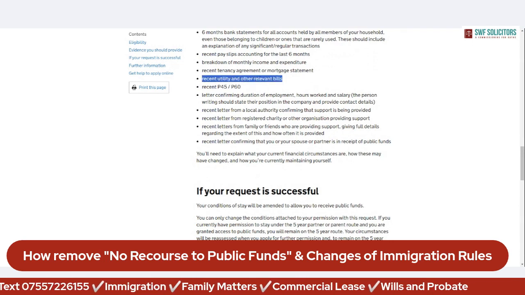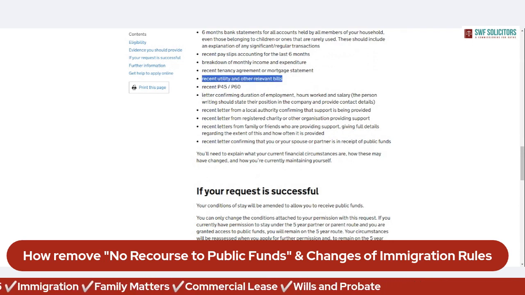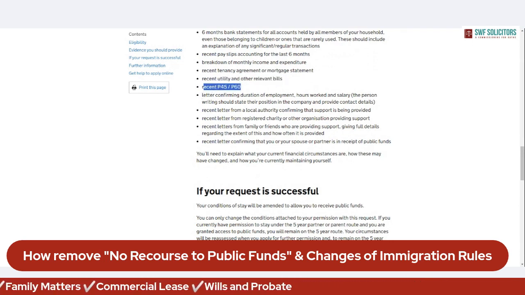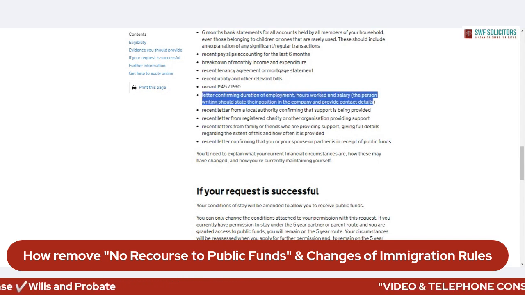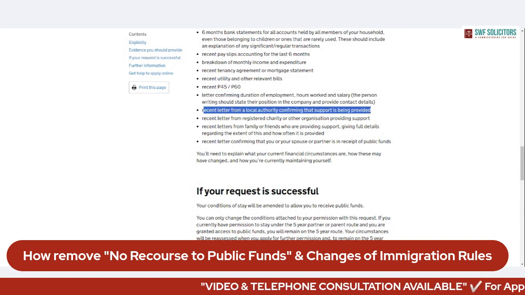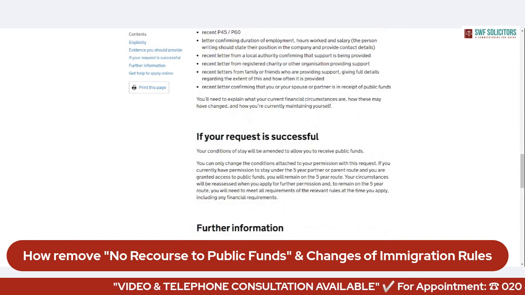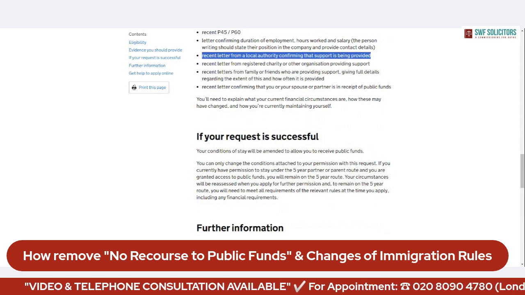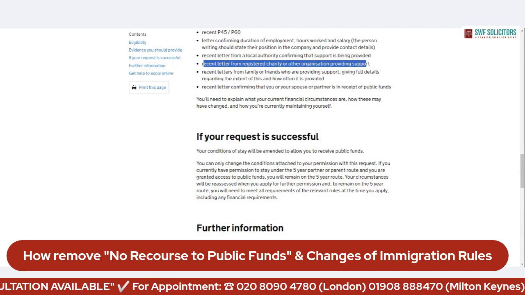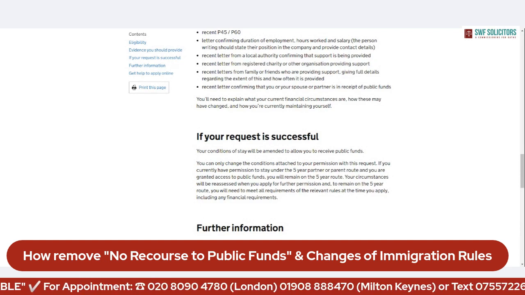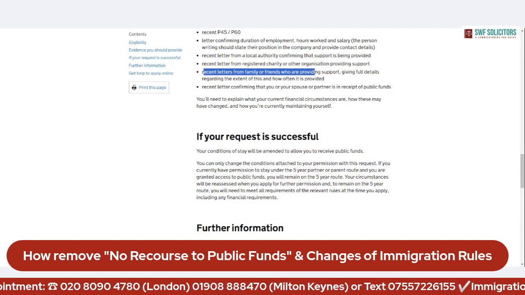Also the utility and other relevant bills, P45 or P60, and a letter confirming your employment details, which I already covered. A recent letter from the local authority confirming support is being provided, if you receive any support, which is unlikely. A recent letter from a registered charity or other organization that provides support. Recent support from friends and family members.